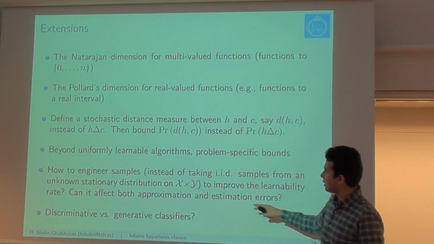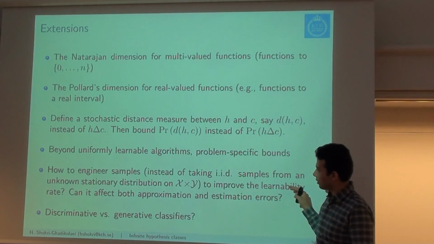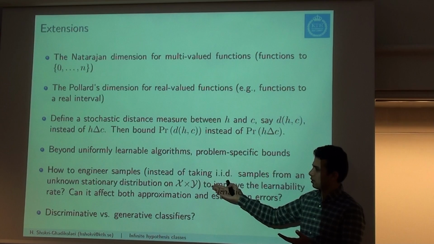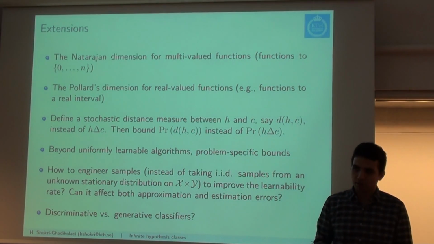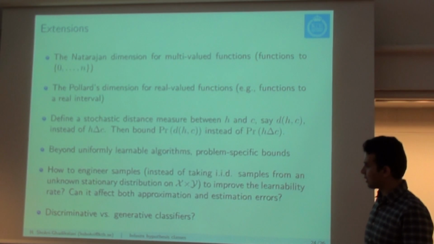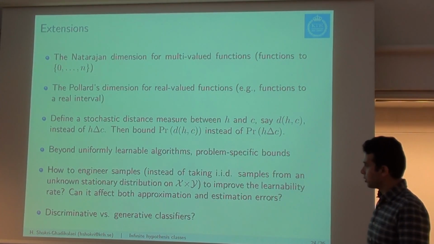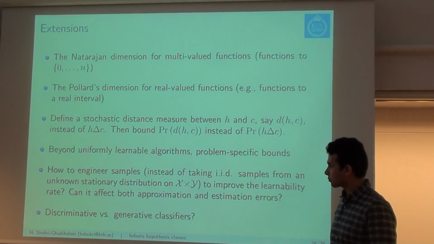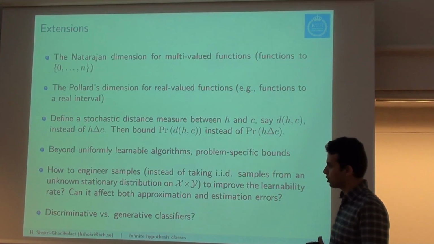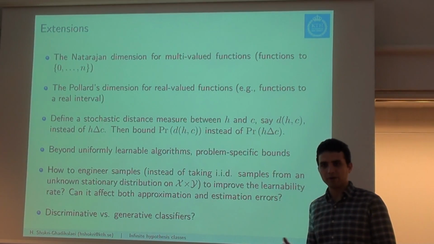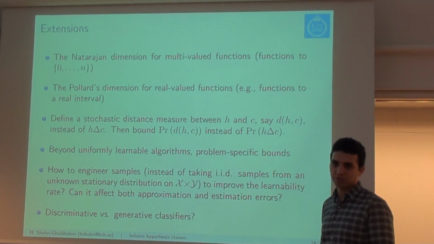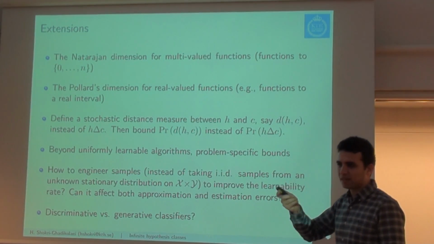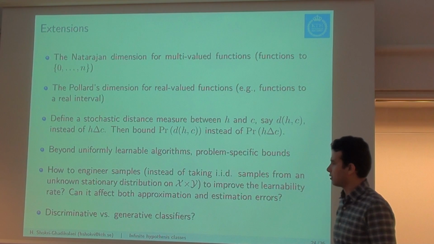So instead of assuming that the samples are given to you from some unknown but stationary distribution on X and Y, from which you have IID samples, you can try to change the sampling policy. Definitely you would then have a non-stationary distribution, but the number of samples that you need to learn would be much smaller, of course. If you have a lot of samples in one region of that concept C, you don't need more samples there, right?